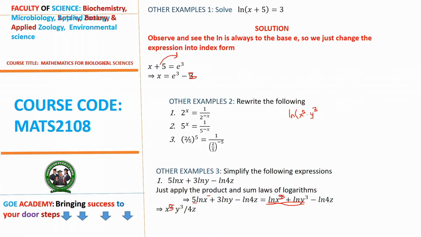That's what it becomes. So this is the same as ln of x raised to the power 5 plus ln of y cube. Okay, so that's the product rule.